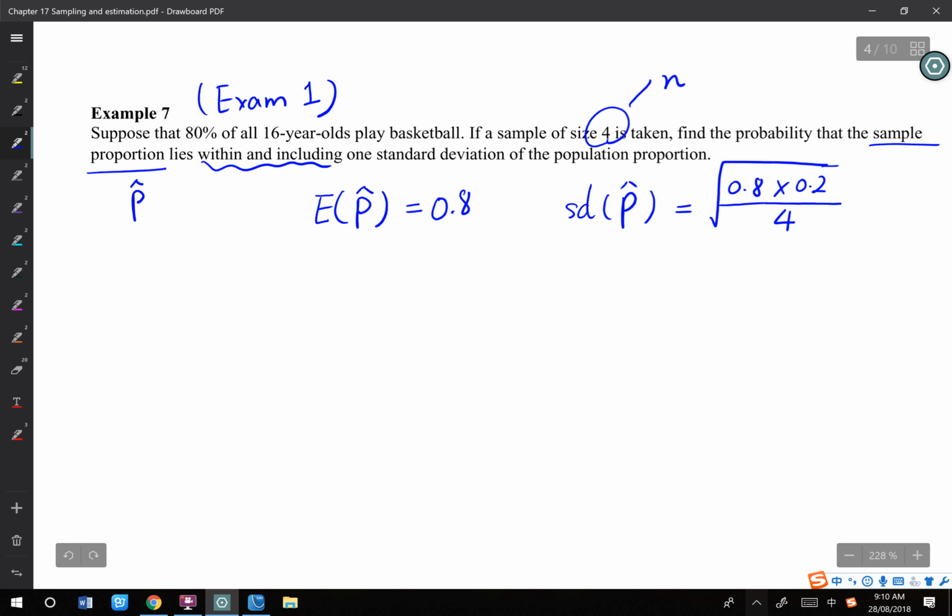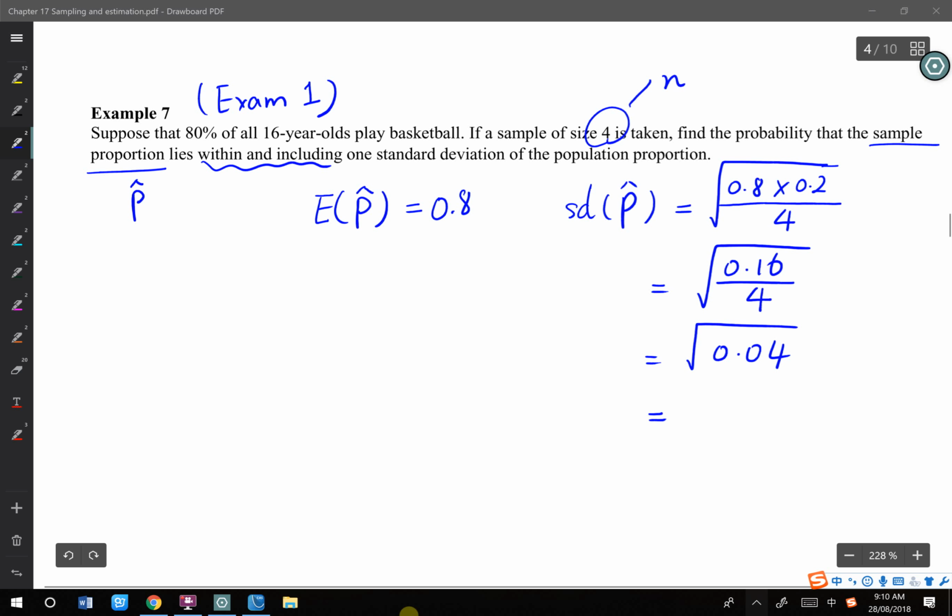That's 0.16 divided by 4, which is the square root of 0.04. That equals 0.2, because 0.2 times 0.2 is 0.04.